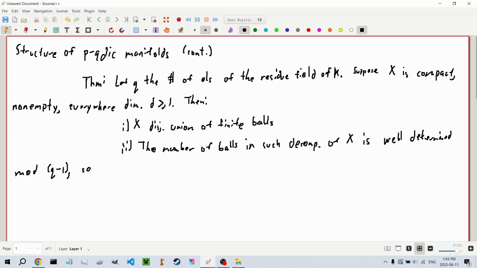So X is determined up to isomorphism by an element of Z mod Q minus 1Z.